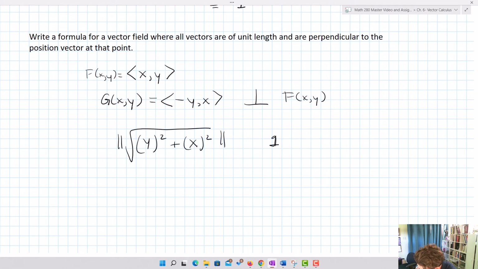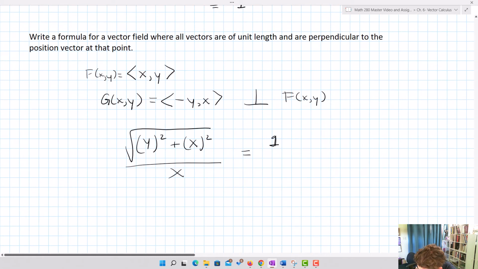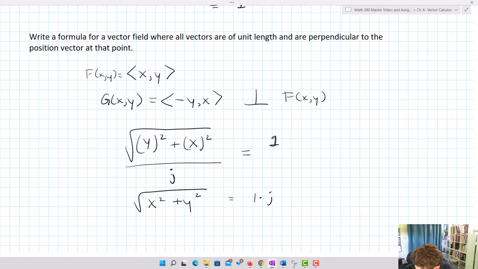And we want to divide it through by something, call it j, to have it equal 1. Whatever that value is that we divide through by is going to equal 1 times j. So our j is going to equal the square root of x squared plus y squared.